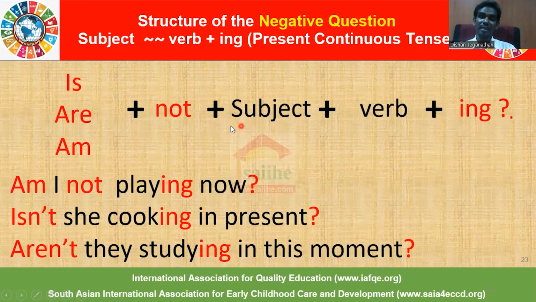So when you make negative questions, we use the contracted form, which is isn't or aren't. We need to consider one thing. When we use am, we do not say am not. Am always is connected to first person singular narrative, which is I.